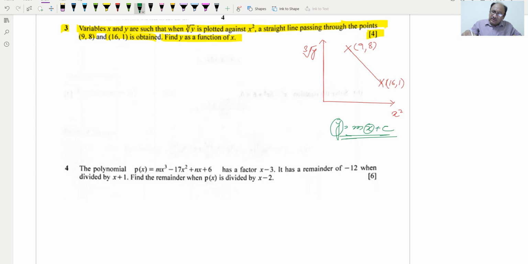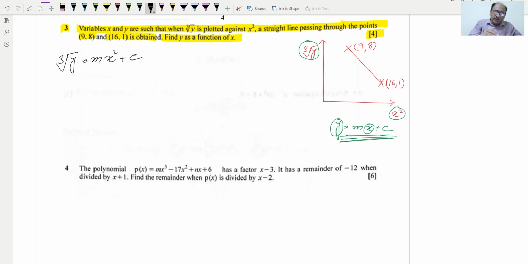In this case, x square is plotted along the x-axis and cube root of y along the y-axis. So we replace these in this equation: cube root of y is plotted against x square, with the gradient here and the y-intercept here. This will be our equation of the line in slope intercept form for this new scenario.